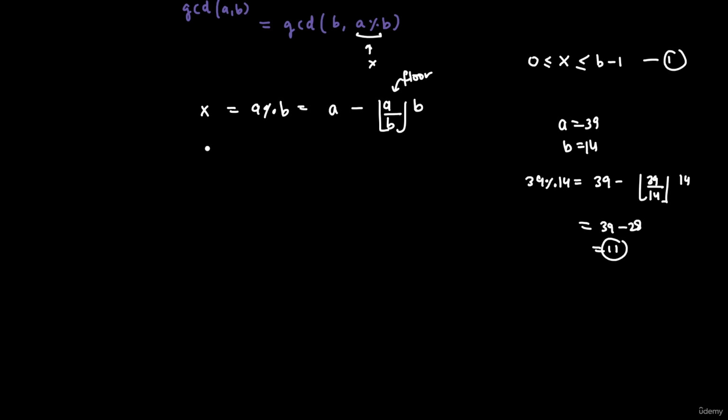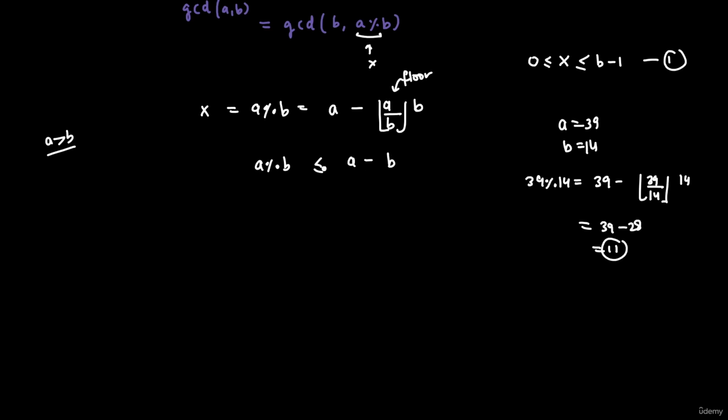Now what would be the value of this term? If a is greater than b, the minimum value of this term would be 1. So that means a modulus b would be less than or equal to a minus b. If I just put the minimum value as 1, the value could be 2 also.